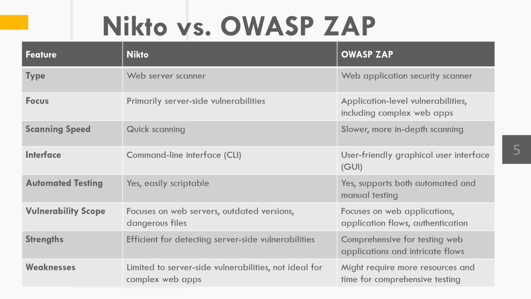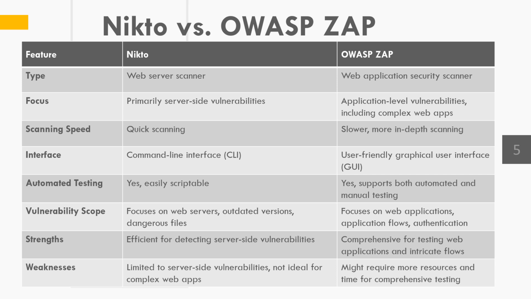Nikto is a web server scanner that focuses on identifying server-side vulnerabilities. It checks for issues like outdated server versions, misconfigurations, and potentially dangerous files. Its main strength is its ability to perform quick scans, and it is easily scriptable, making it ideal for automated tasks. However, Nikto is limited in scope as it primarily addresses server vulnerabilities and does not cover complex web application vulnerabilities.